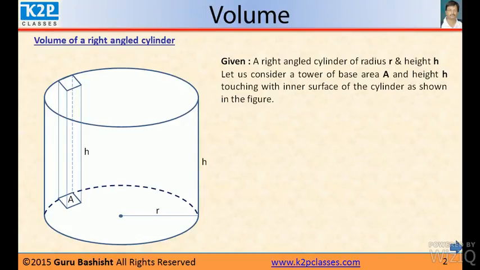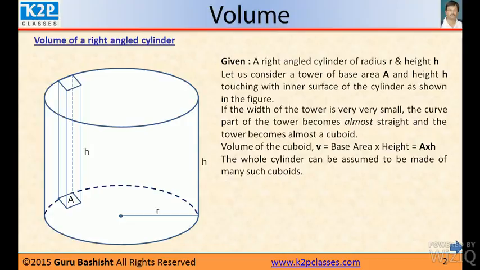So you will see the curved surface will become a straight line if we take a very small portion of the curved surface. If the width of the tower is very small, the curved part of the tower becomes almost straight and the tower becomes almost cuboid.